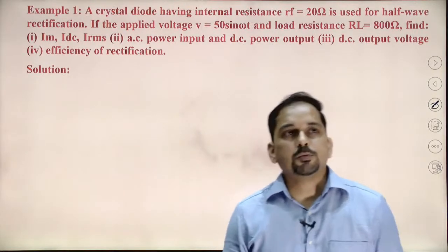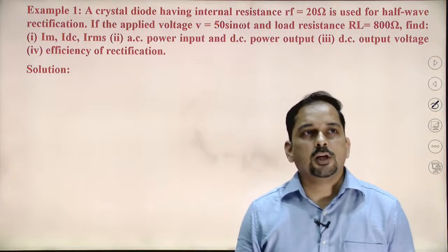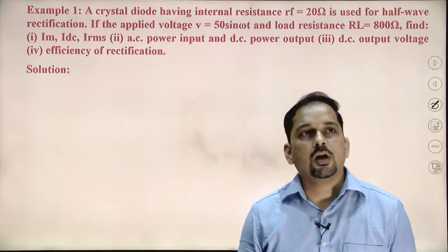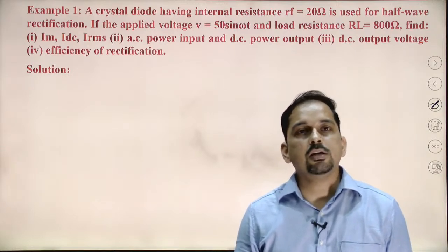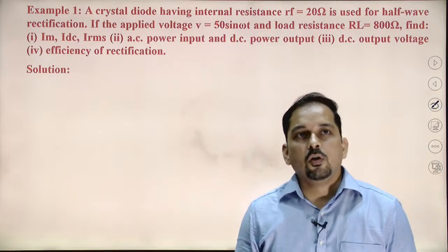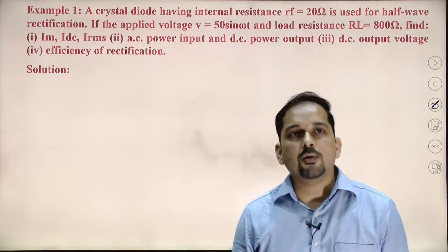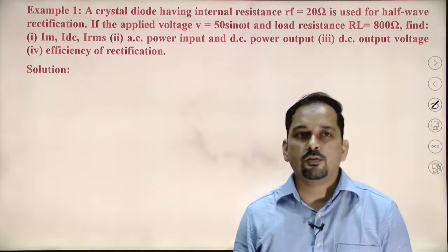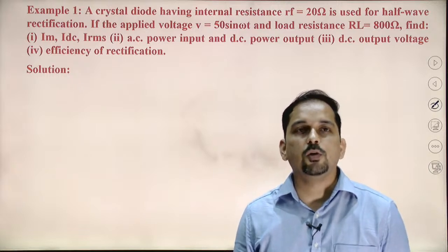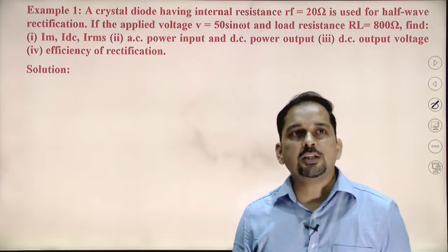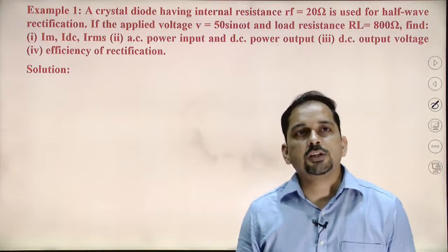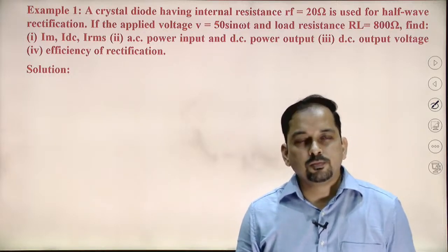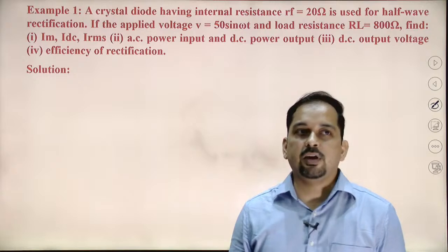Now we have a small numerical corresponding to the half wave rectifier. A crystal diode having an internal resistance of 20 ohm. Although we initially assume that the diode is ideal, that means the forward resistance is nearly equal to 0, in this numerical let's consider the resistance to be of the order of 20 ohm, used for a half wave rectifier.